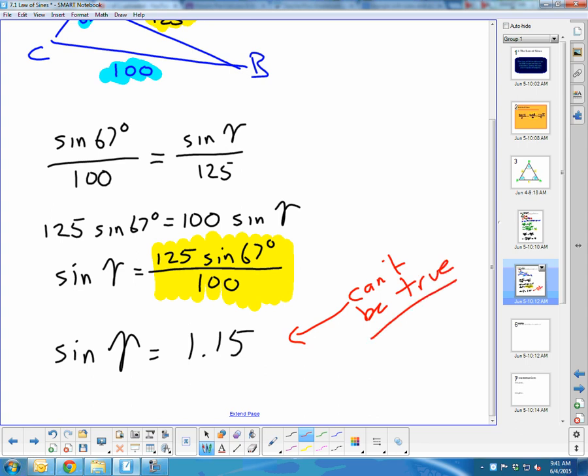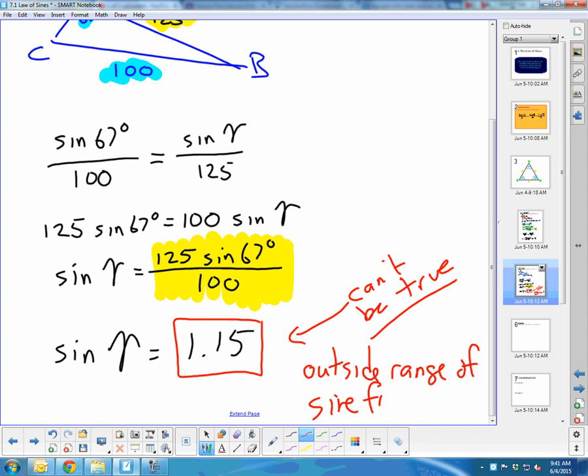The range of the sine function is between -1 and 1. Getting an output of 1.15, this value is outside the range of the sine function, which means there is no angle gamma. It doesn't exist. There is no angle that you could put into the sine function that would give you 1.15.